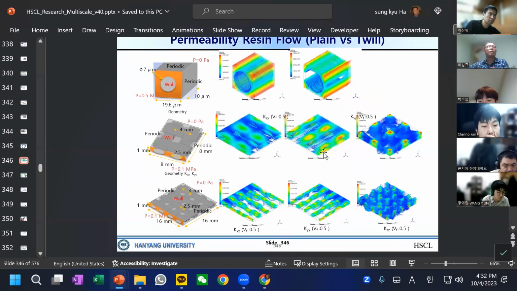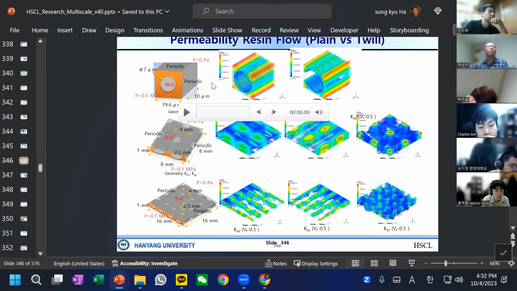For example, we have one fiber and resin system. Now you can imagine this is a tow, and how many fibers can be in there. And then depending on this undulation, you can imagine how resin can flow.